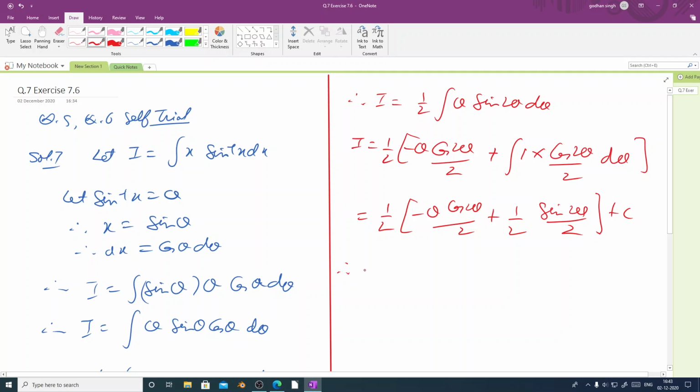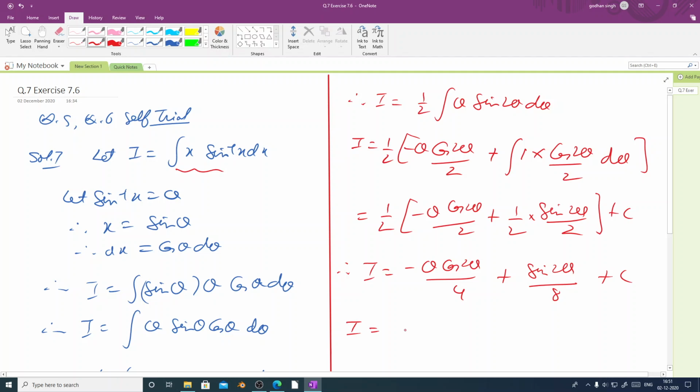Therefore we can say that I is equal to minus theta cos 2 theta over 4 plus sine 2 theta over, these 2 are multiplying, so we'll be getting 8, plus c. But here our initial question is in terms of x. What we'll do, we'll convert this in terms of x. And how we can do that?